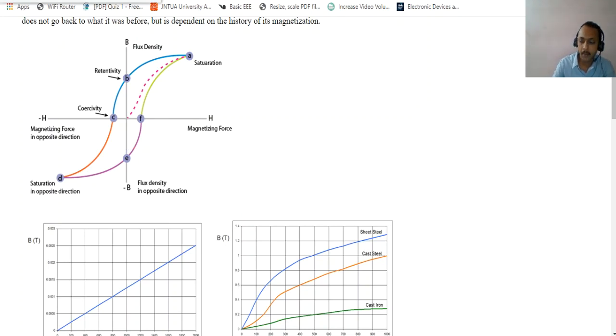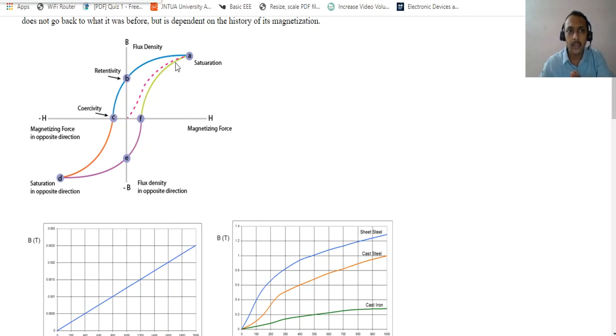For example, if the value is slowly increased, it takes one path, for example CBA. Now if the value is reduced slowly and brought back to its original value, then it won't follow the path ABC. Instead, it may follow A, F, E and D. So even though you are slowly increasing the force from 0 to 1, 1 to 2, 2 to 3, and you get a shape CBA, it does not mean that if you slowly reduce the force, it will follow back the same path.